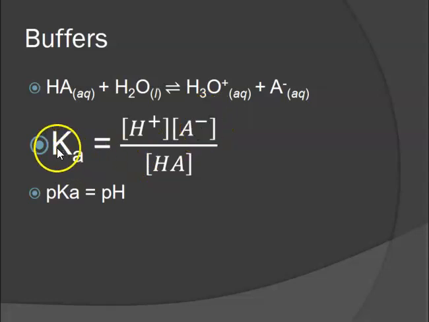Math. Ta-da. So then you get Ka equals H plus. If I take the negative log of that, I get pKa equals pH. So this tells me that the pH of my buffer solution is going to equal the pKa of the acid, the negative base 10 log of my Ka for my acid. So I just go to a list of weak acids, look up all the different Ka values, and find the pKa that's closest to the pH I want my buffer to be. And voila, I am good.